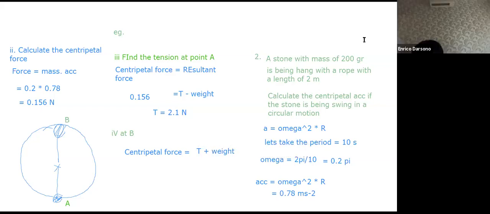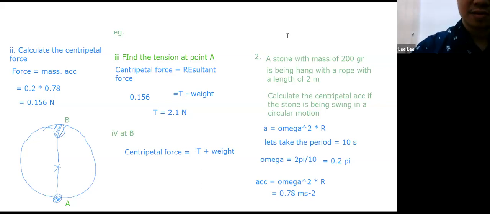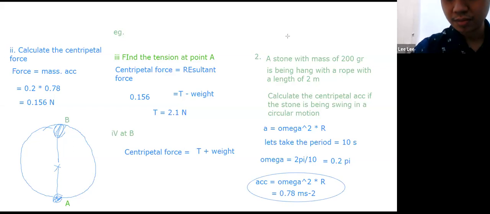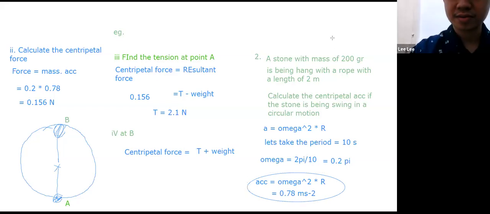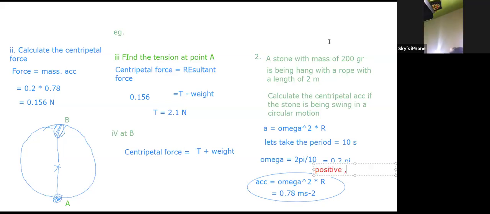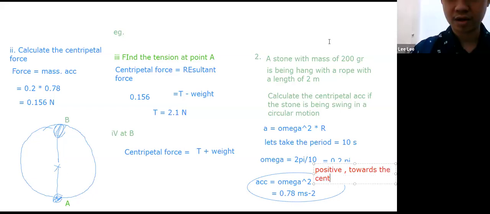Why? You have to understand in this case. The acceleration that I counted just now, I take the value as positive. Where does the acceleration always go? Towards the center. Good, if you understand that.